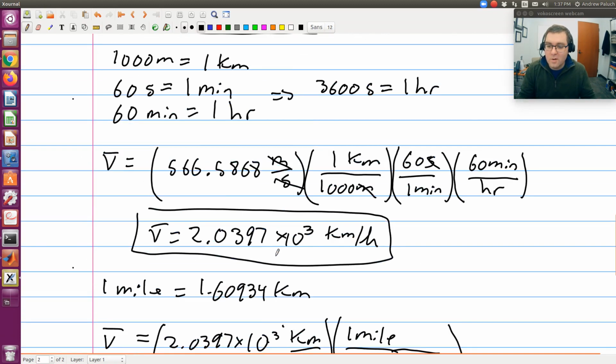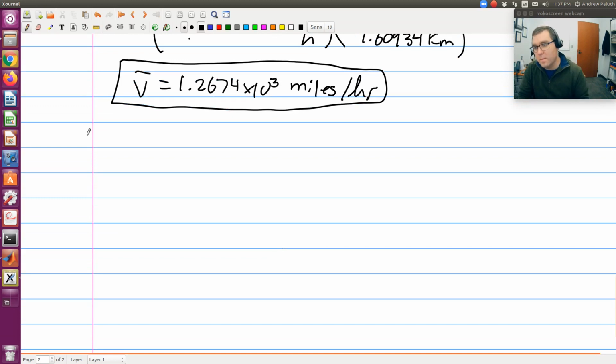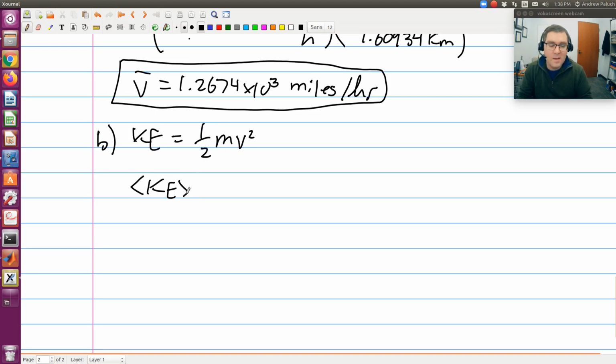So for B, for my physics class, I remember that kinetic energy is equal to 1/2 mv squared. How we'll write it here in the context of Maxwell-Boltzmann would be my mean kinetic energy, my expectation value of my kinetic energy, is equal to the expectation of 1/2 mv squared, where 1/2 and m, the mass of my molecules, are going to be constant.